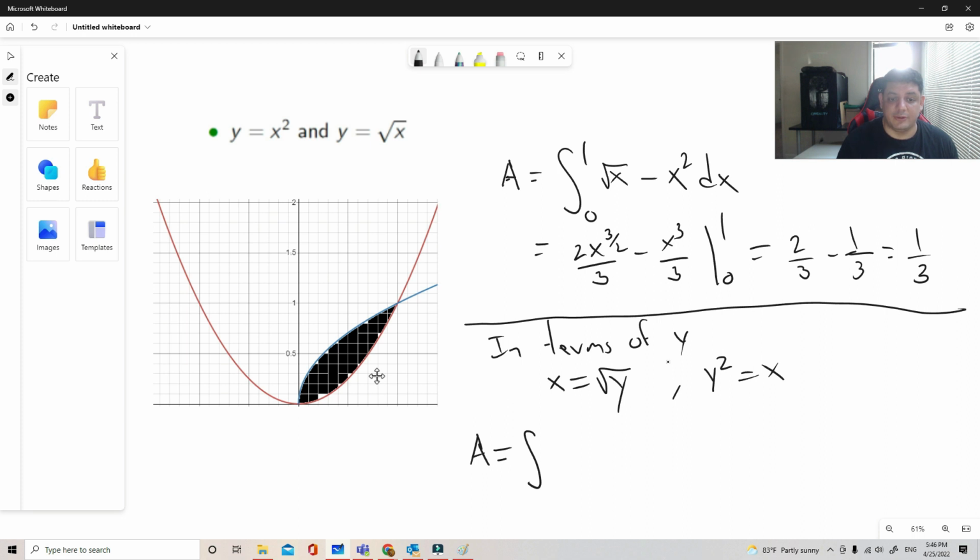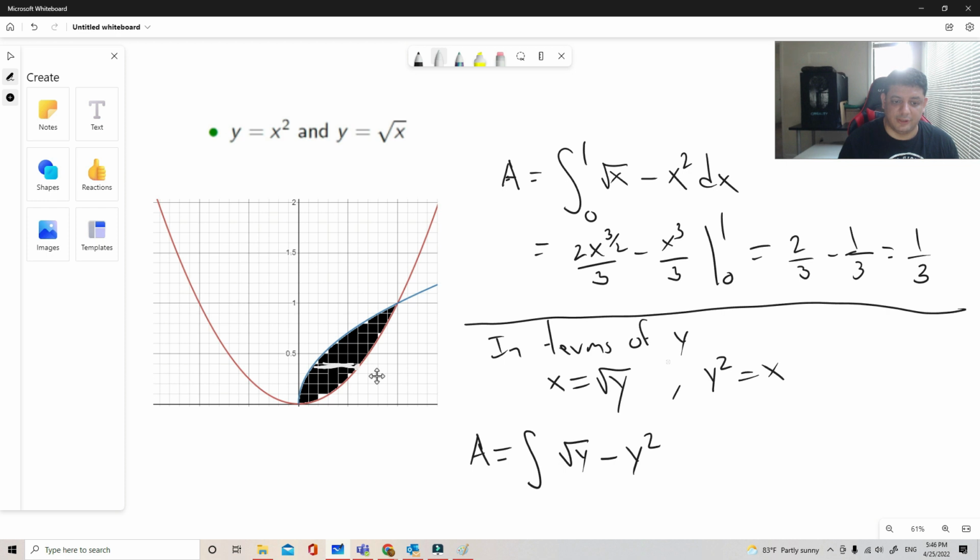And I'm actually going to have this function go first. So I'm going to have the square root of y go first, and then minus y squared, which is going to be given by this function. Notice I'm now doing the top and bottom in this direction.